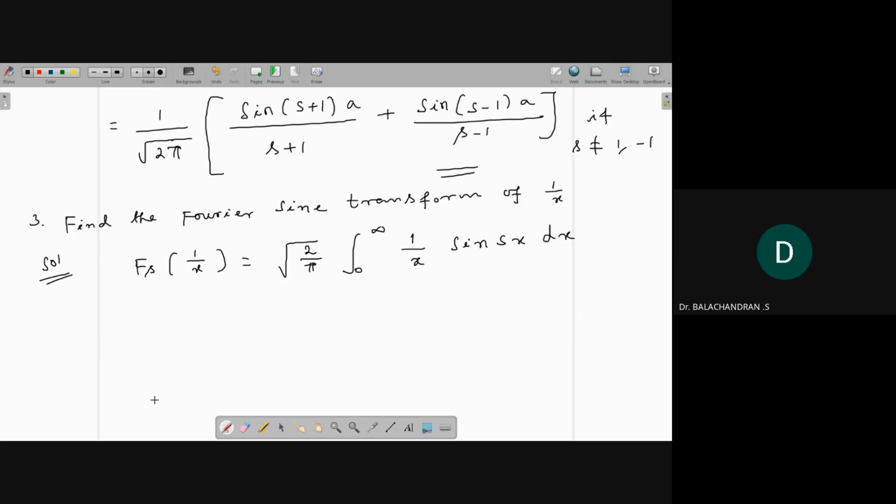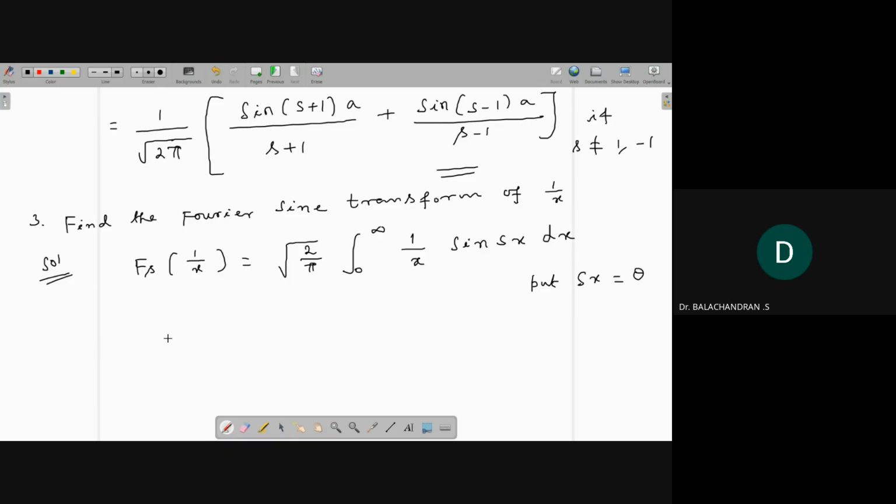Okay, so now you can take sx is equal to some theta or t. Sx is equal to theta.